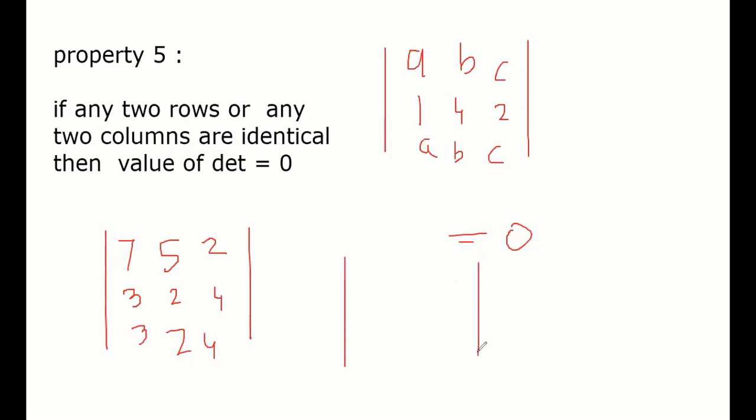Or even column wise, if I say 1, 2, 3, 4, 5, 6, 1, 2, 3, again 0. So these two properties, this one and the previous one, help you make determinant solutions very easy. The value of determinant becomes 0 if any two rows or any two columns are identical.